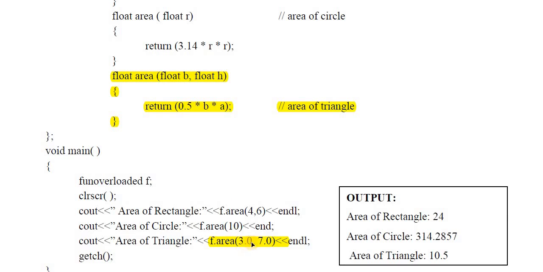So here we are passing decimal values, so it will select the third function because here parameters are of decimal type. So depending upon the value, the computer will select the function. So using function name with actual value is called function calling.